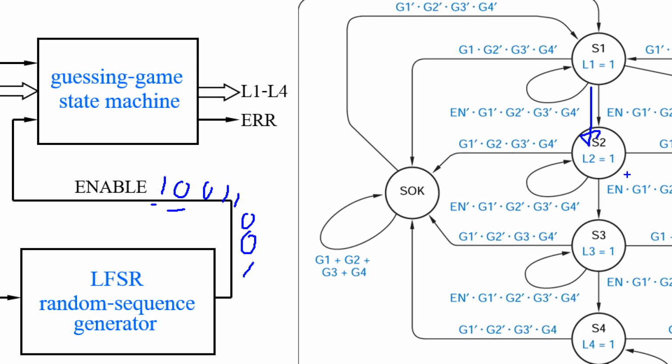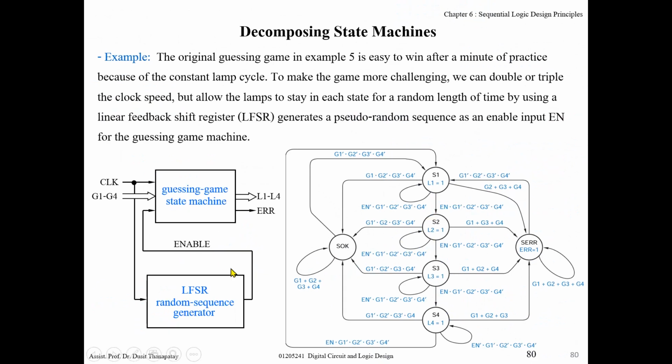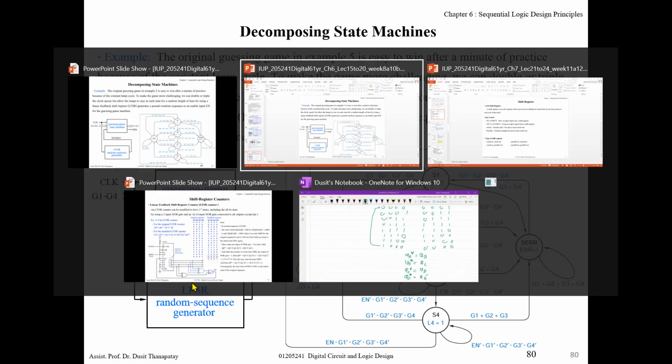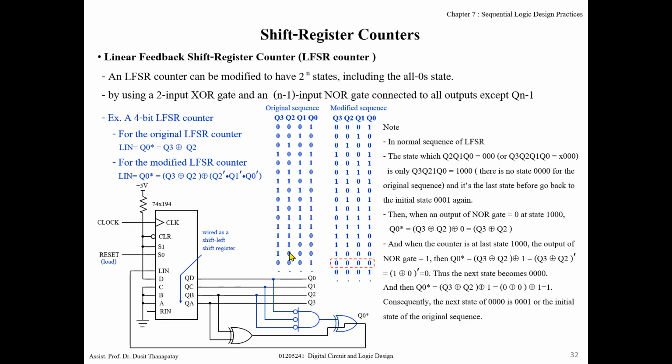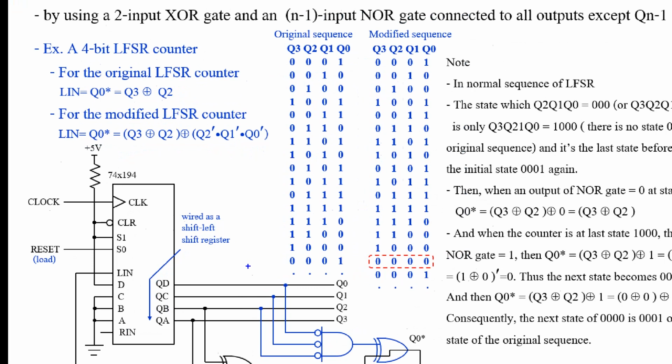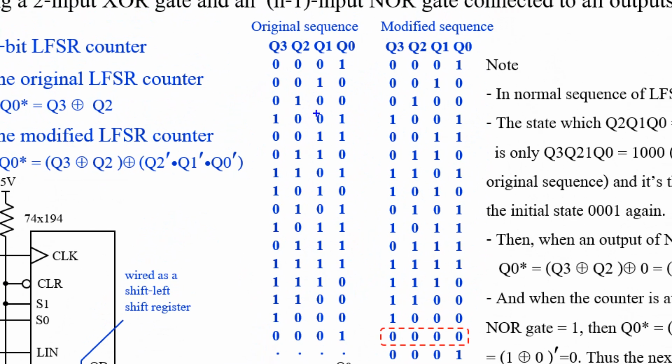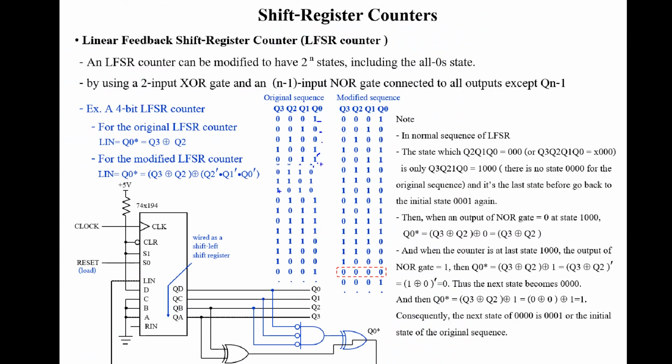If it's 0, stay at the same state. 0 again, still stay at the same state. Then 1 1, 0 stay at the same state, something like this. So you can use this one to generate a pseudo random signal for the guessing game.